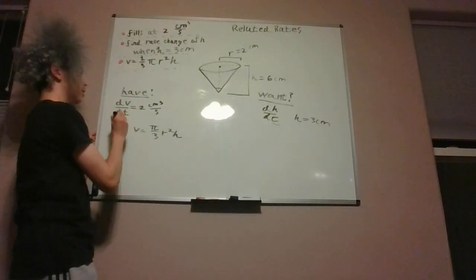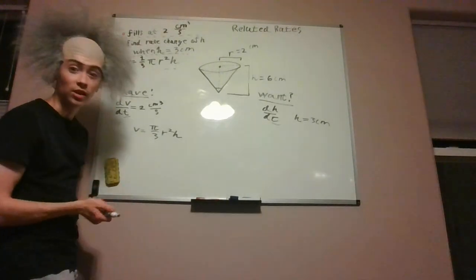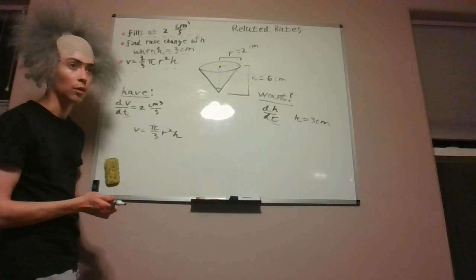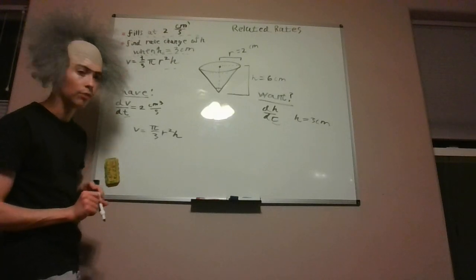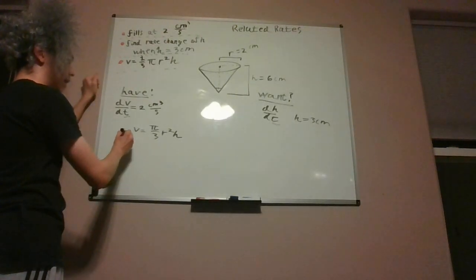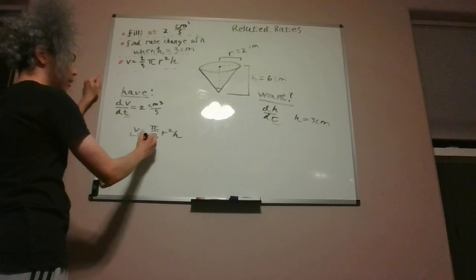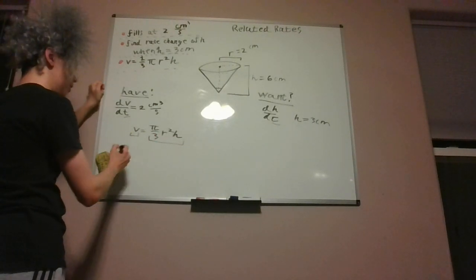Seen here, our givens are with respect to time, but none of our variables are t. This isn't a y equals x, this isn't a y equals t. There's no time here. So we're going to have to be a little bit creative, right? We're going to differentiate both sides. We're going to differentiate this volume side and differentiate this volume expression side. I'll do that down here.